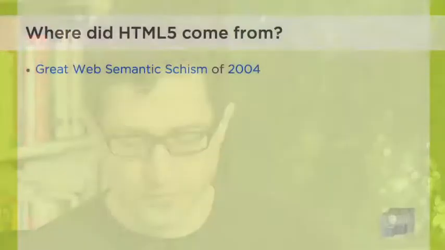But what really happened during this workshop was it just happened to bring together the right people, or maybe the people that happened to be the most interested in what was going on at the time, or perhaps frustrated with the evolution of HTML on the web. And the end result was what I'm calling the Great Web Semantic Schism.